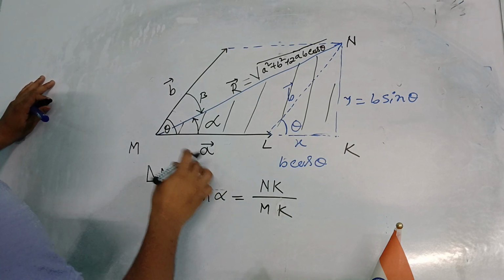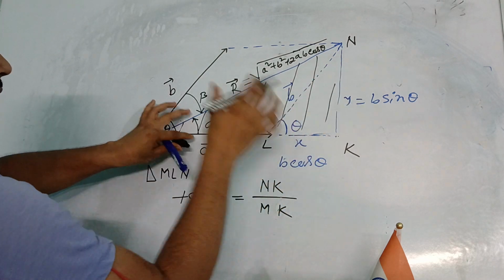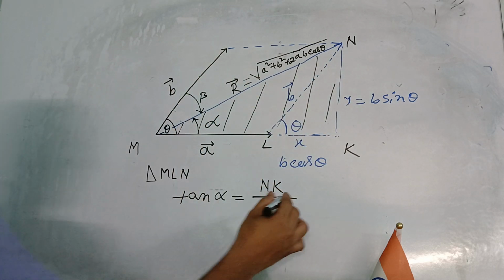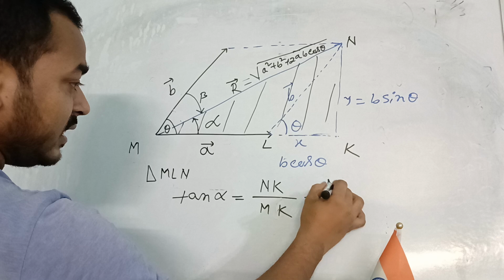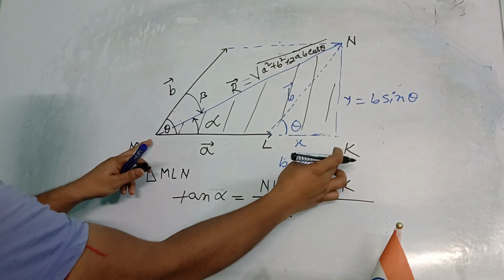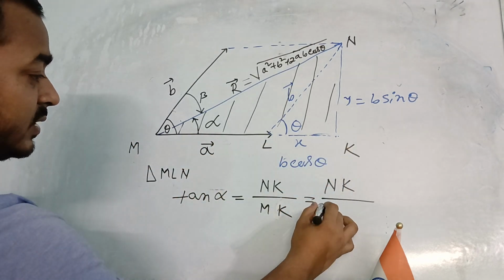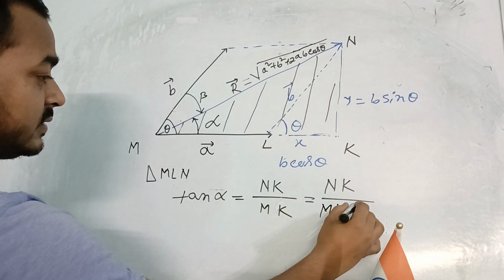Why? Because we know tan of an angle is height divided by base. This MK part can be written as ML plus LK.